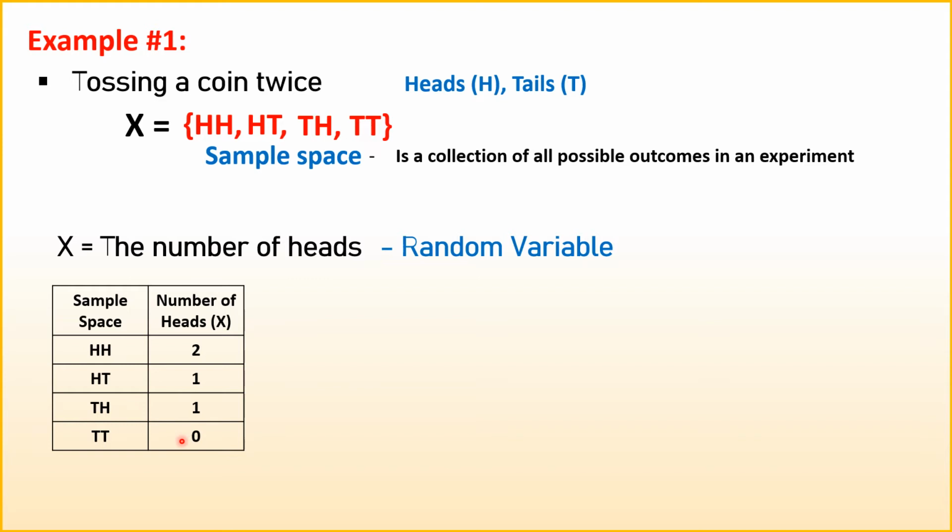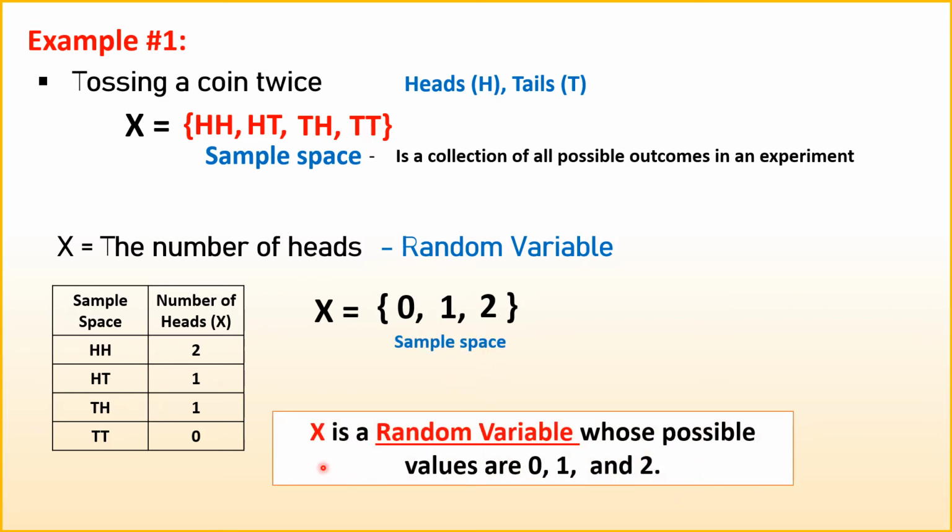Then dito, 0. And then if you're going to represent that, X is equal to 0, 1. So, yung 1 natin dito, dalawa, pero isusulat lang natin siya ng isa. And then, 2. Therefore, ang X natin is a random variable whose possible values are 0, 1, and 2.